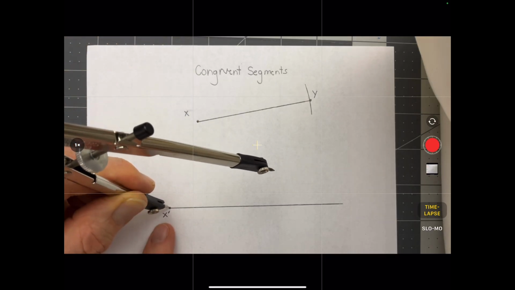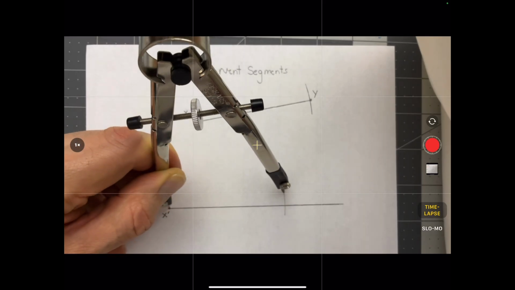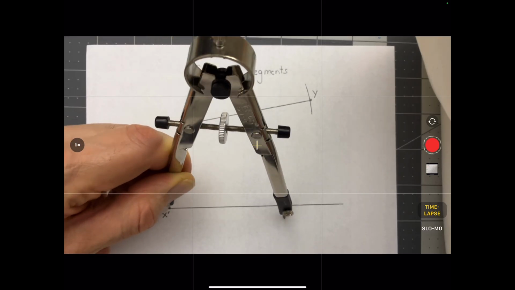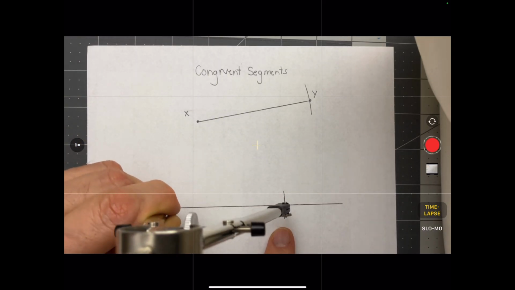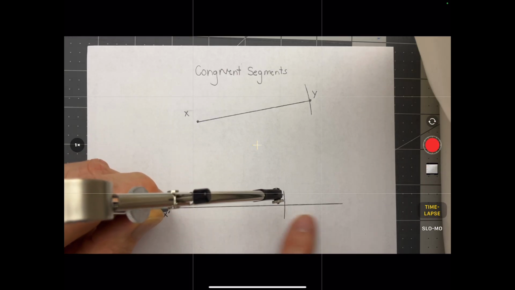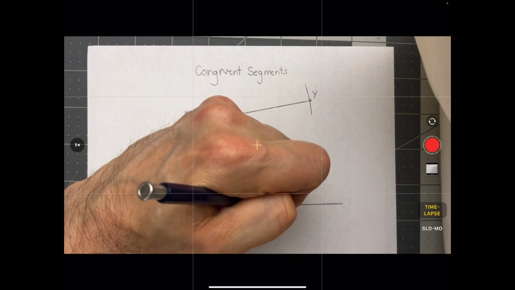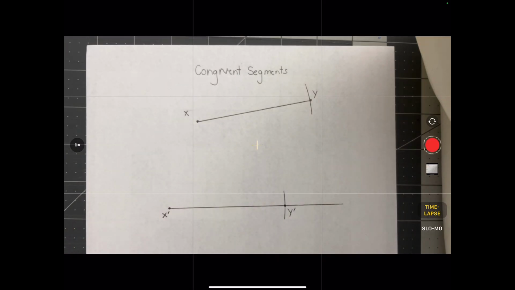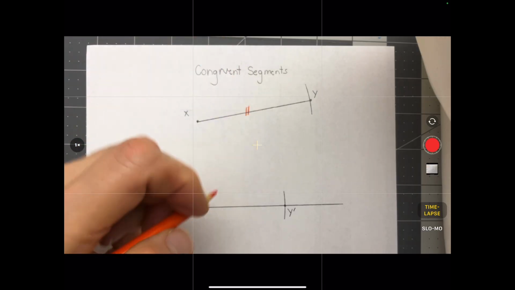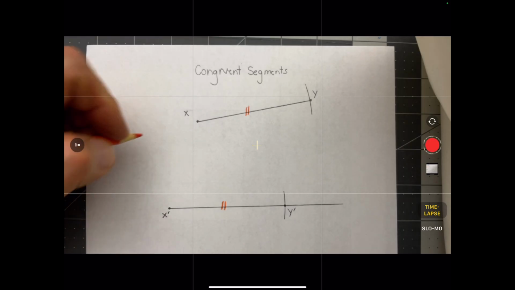Okay? I'm going to now take that same compass setting. I'm going to come and place my pivot point right here on X prime, and I'm going to draw an arc mark of equal length to my XY up here. And where my new arc mark crosses the segment that I just drew, that intersection point becomes my new Y, or Y prime. So I know that XY is congruent to X prime, Y prime.